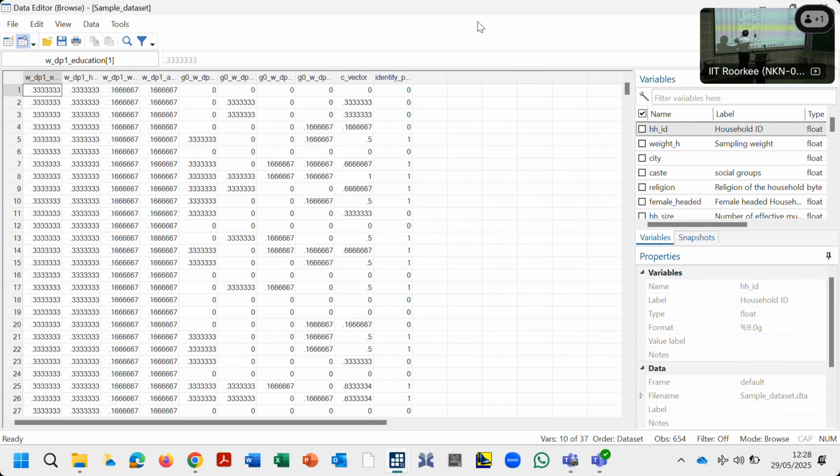If the deprivation score is equal to or more than 0.4, they all get 1, otherwise they get 0. Is it working, Prabhata? Yes. Okay. So we have identified those who are poor versus those who are not poor.